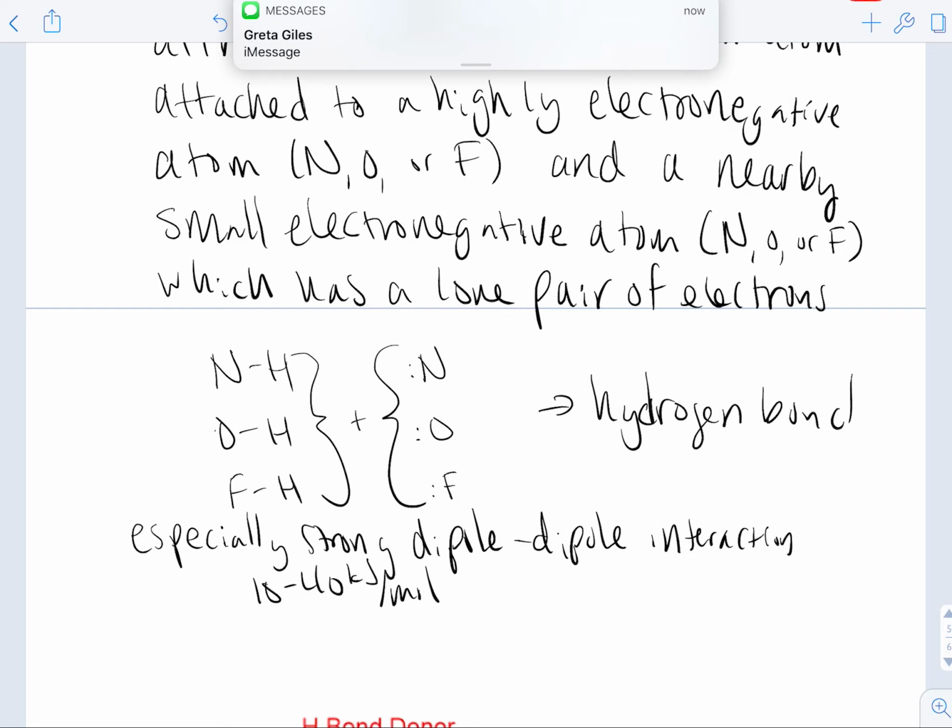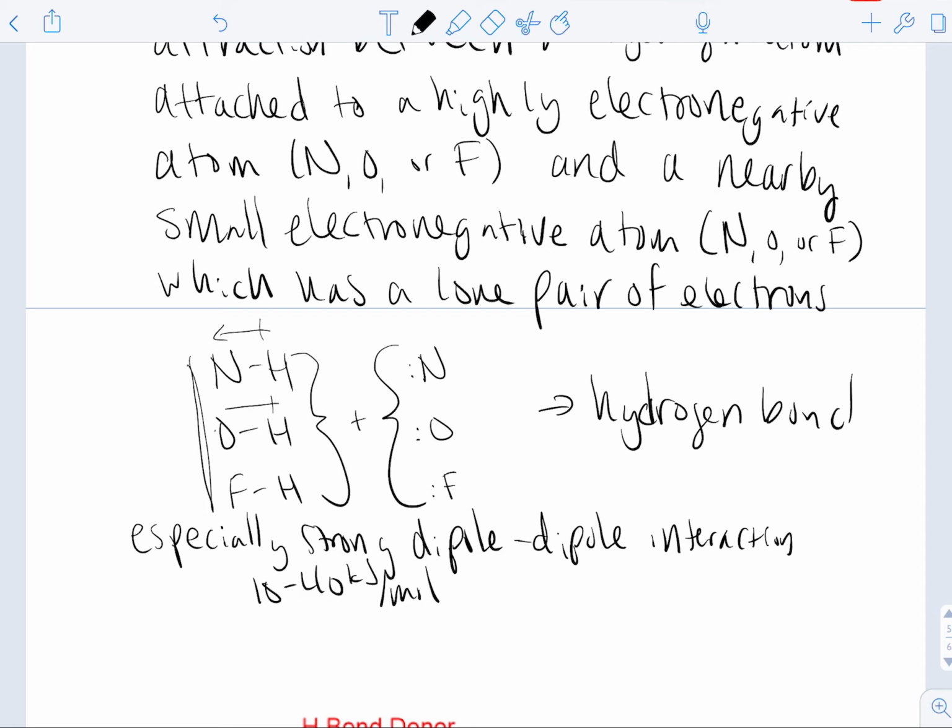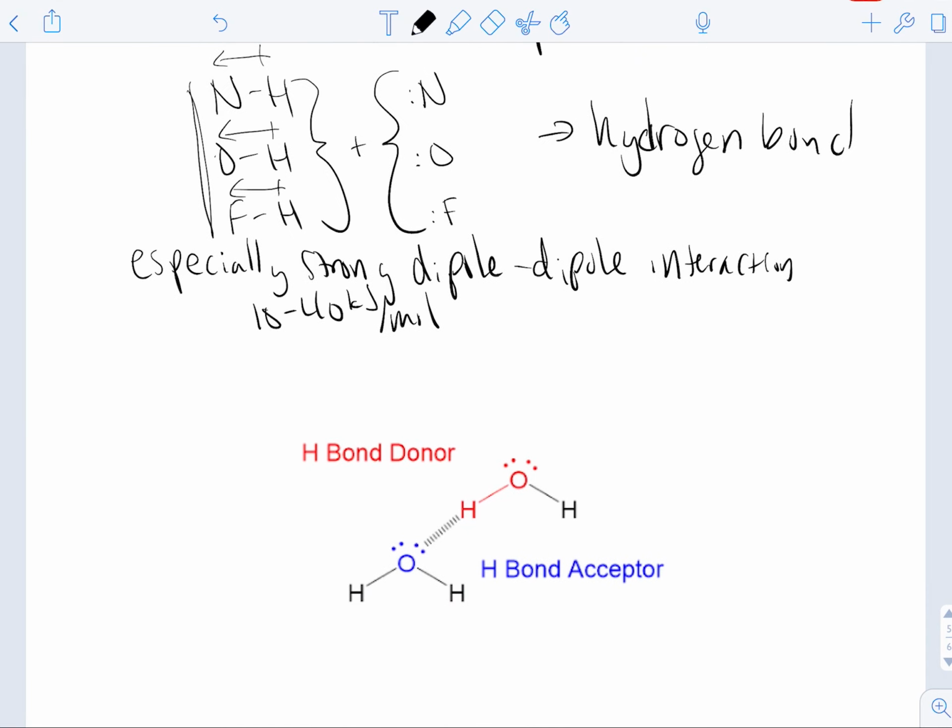The nitrogen, oxygen, or fluorine is going to pull all that electron density from that hydrogen, making it basically like a bare hydrogen. And then the electron pair from the nitrogen, oxygen, or fluorine is going to come in and make a pseudo bond, which is what we call a hydrogen bond. It looks like this. And we have the hydrogen bond donor, that's going to be the thing with the hydrogen, and the hydrogen bond acceptor, that's the thing with the electron pair.